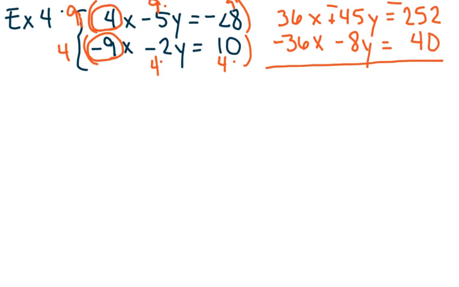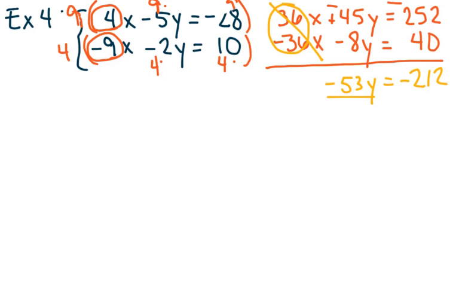Now, since these two coefficients are negative and positive, they cancel out. -45 plus -8 is -53y, and -252 plus 40 equals -212.